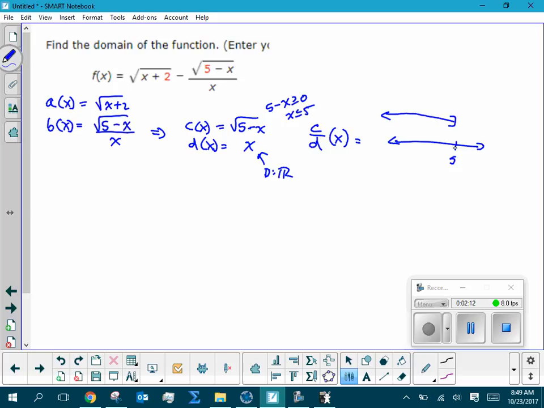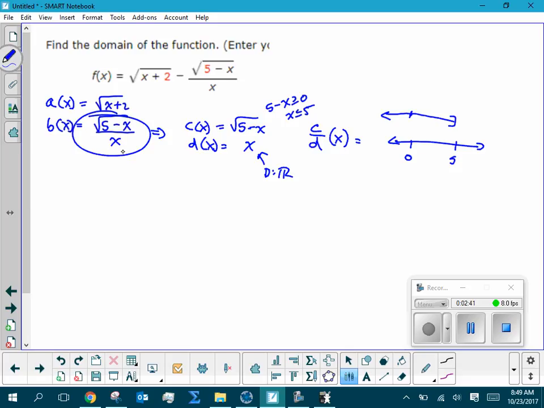So the domain of this function is less than or equal to 5, right? But what kind of number that is less than or equal to 5 would provide a problem here? 0, right? So I need to kick that 0 out as well. 0 creates an issue because of that division.